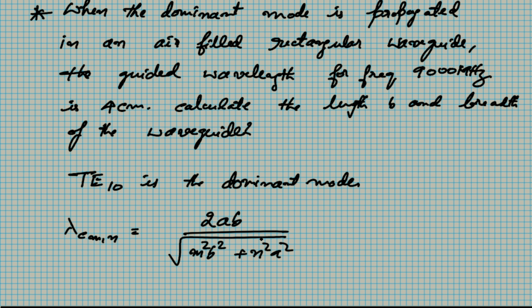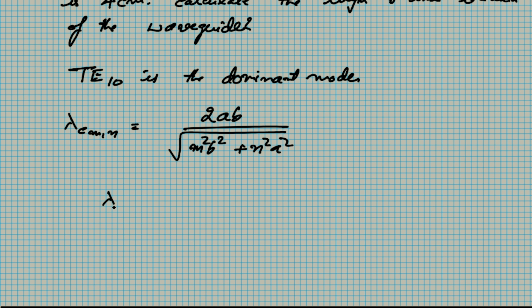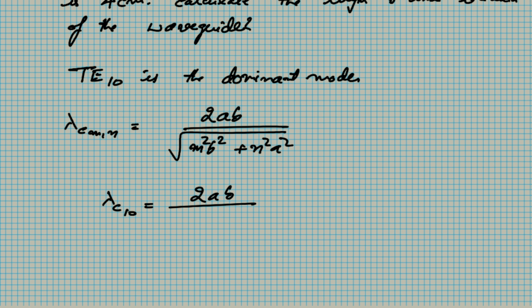Now for the 10 mode, n becomes equal to 0 and m is equal to 1. So the cutoff is 2ab divided by b, which cancels to be 2a. So I can actually calculate a directly if I'm able to calculate the lambda c value.